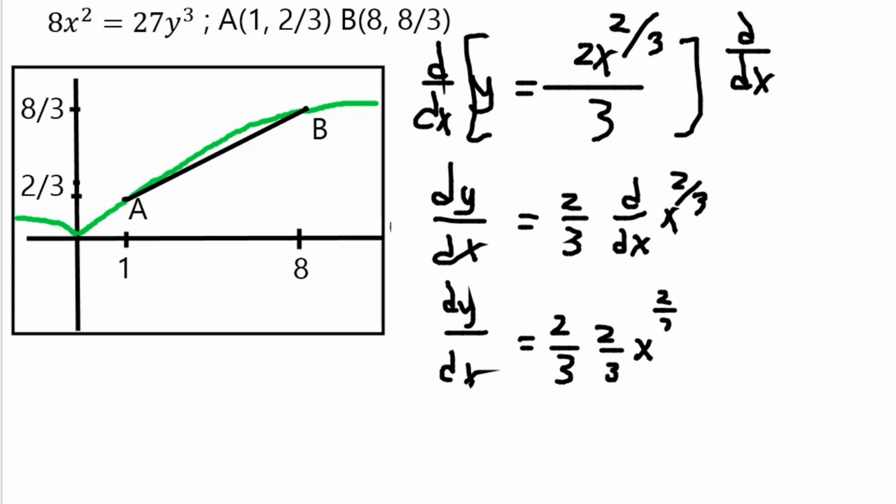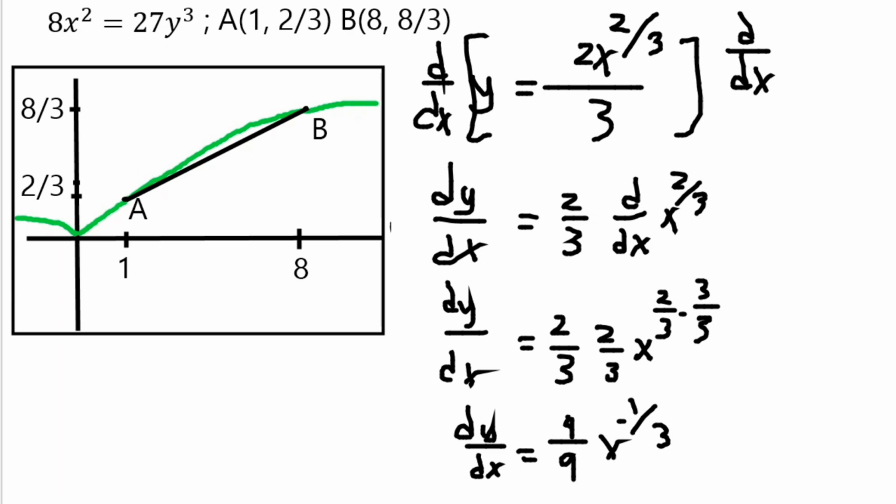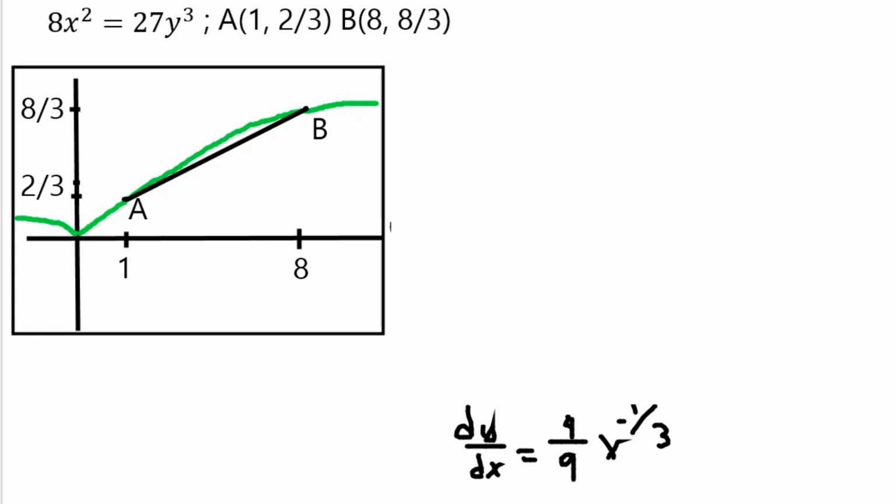So we get 2/3 minus 3 over 3, because it's just going to be 1. So 2 times 2 is 4, and then we got 9, and x to the negative 1/3.